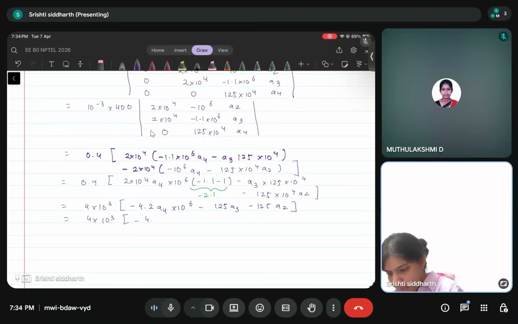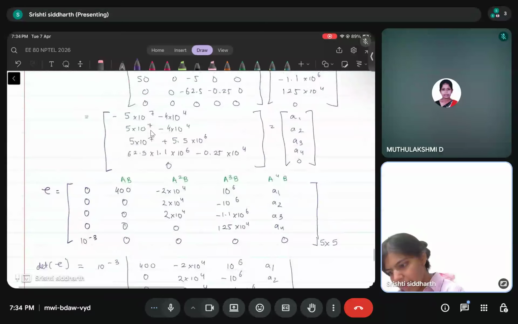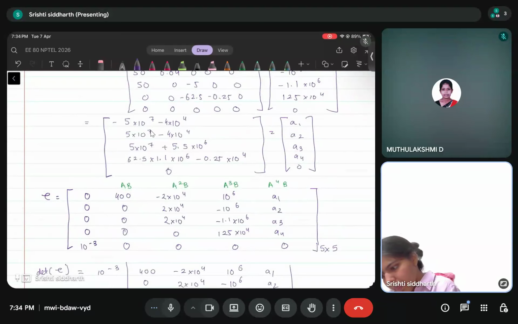So this becomes A4 into 10 to the power 6 minus 125 A2 plus A3. So let's find out A2 plus A3. This is A2 plus A3 equals 10 to the power 8. Let's do that first.